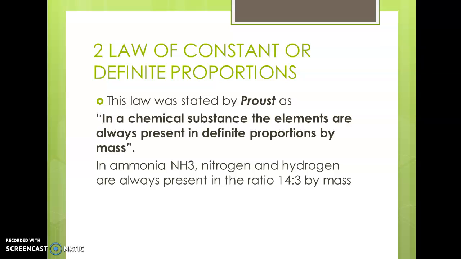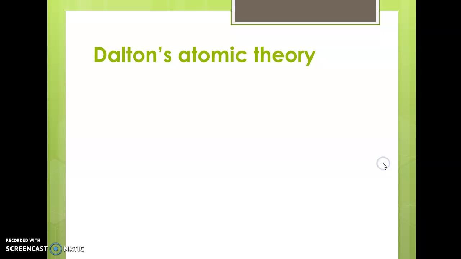The atomic mass of nitrogen is 14 u, and the atomic mass of hydrogen is 1. There are 3 hydrogen atoms in ammonia, so it is 3 into 1, that gives 3. So 14:3 is the ratio of nitrogen to hydrogen in ammonia. Now look at the statement: in the chemical substance ammonia, the elements nitrogen and hydrogen are always present in the definite proportion 14:3 by mass. This was stated by Proust.